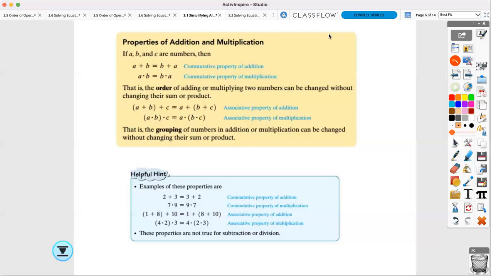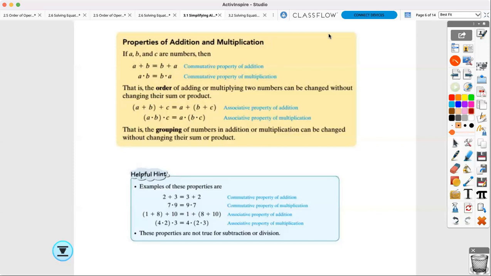So a property, I know I keep saying it, right? Well, a reminder: a property is a mathematical truth. It's a mathematical fact. So let's look at the properties of addition and multiplication.